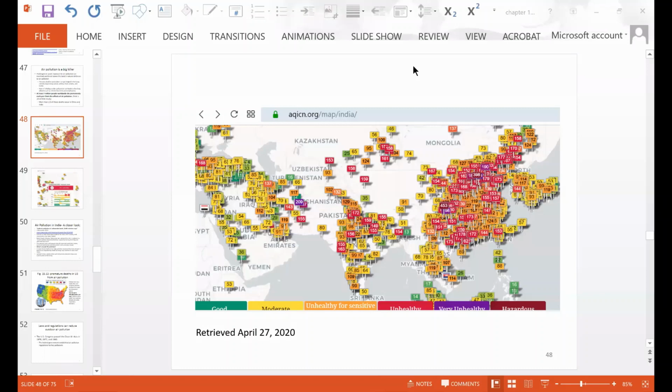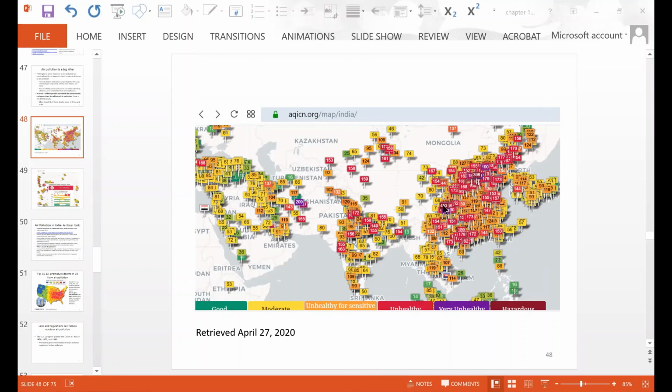So talking about Asia with China and India, we have here a different website. It's Air Quality Index CN, so it's aqicn.org. And it's the same scale, the air quality index scale: good, moderate, unhealthy, unhealthy, very unhealthy, hazardous.